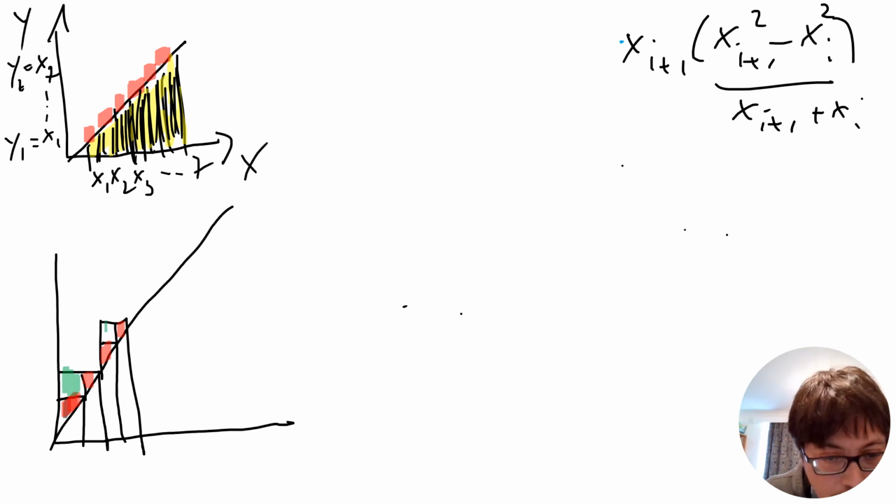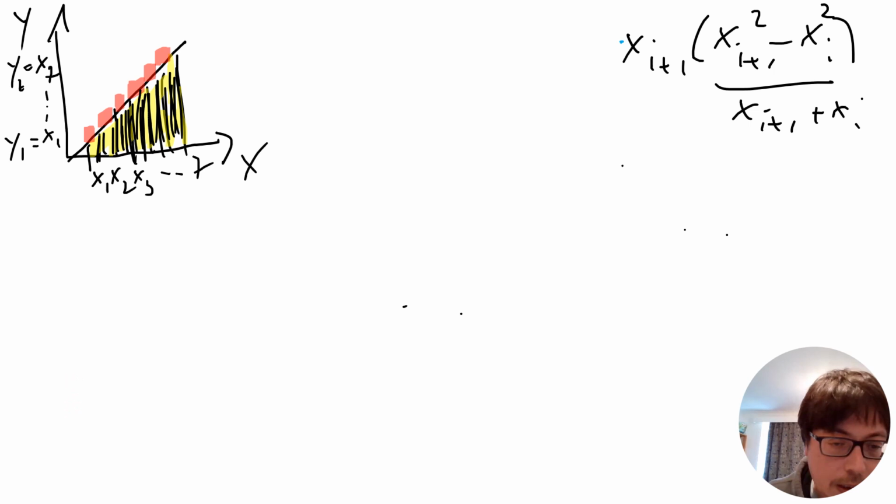The green area is gone because I used smaller rectangles. So we are refining our summation, and we are having a better approximation of the sum. And how do we express this in the formula that we have written up there? Let me just erase this one because we get the point.